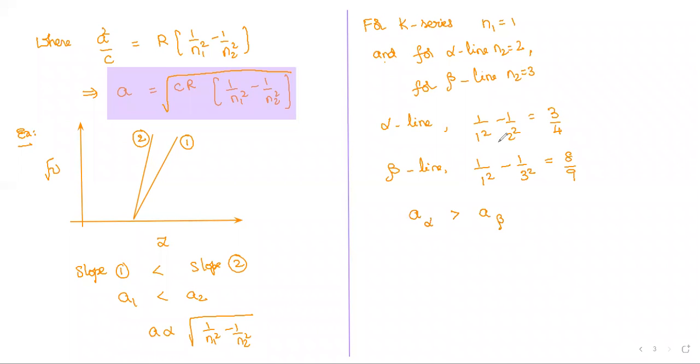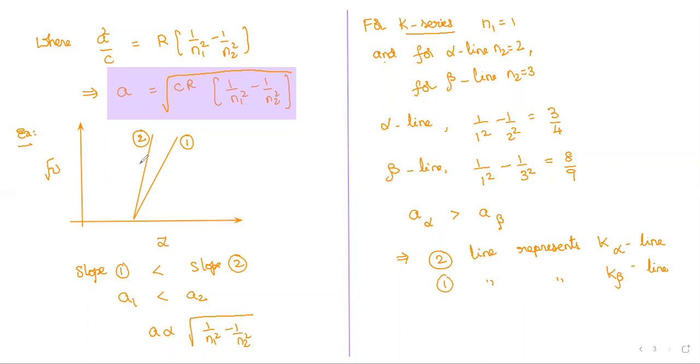Why? Because 1 by n1 square minus 1 by n2 square is more for the line whose slope is more. That implies the second line represents the K alpha line, and the first line represents the K beta line in the hydrogen spectrum.